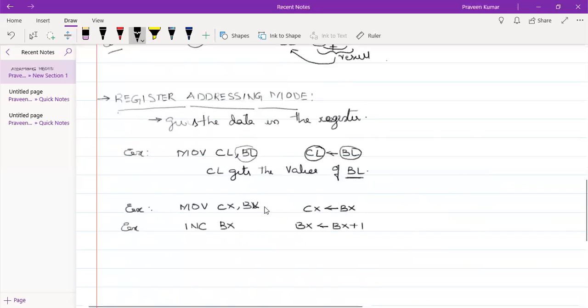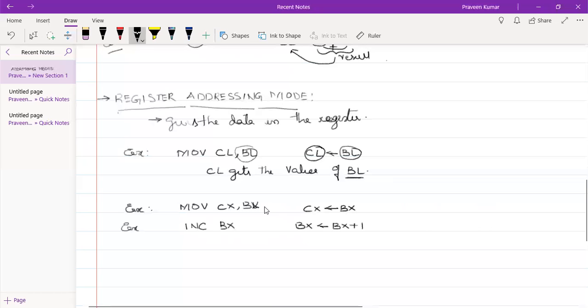So what does the instruction mean? CL gets the value of BL. The contents in BL are copied into the CL register. As these are 8 bits, the 8-bit information is copied into the 8-bit CL register.